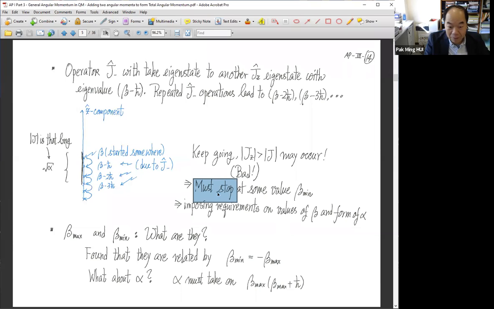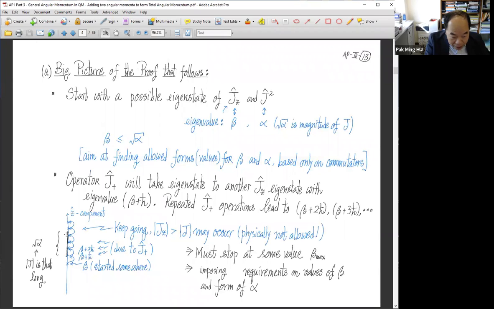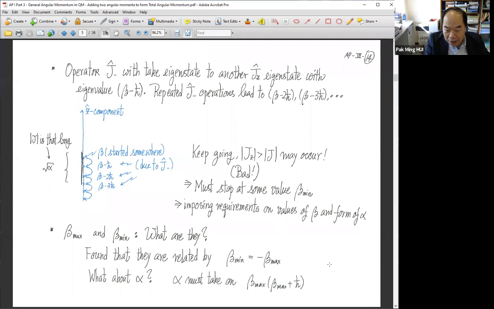Therefore, for J plus, we want to stop it somewhere, and that value we call beta maximum. That is as long as the Z component can be. For J minus, we have to stop it somewhere and call it beta minimum. That is the last value before it goes off bound.